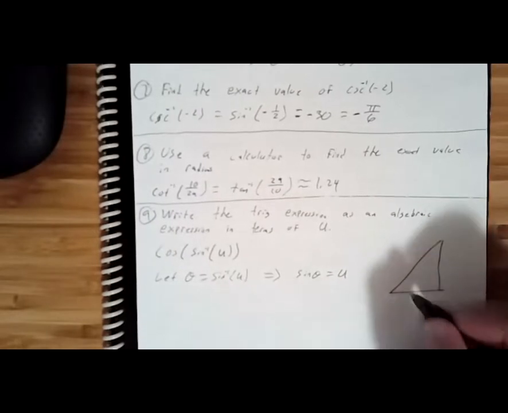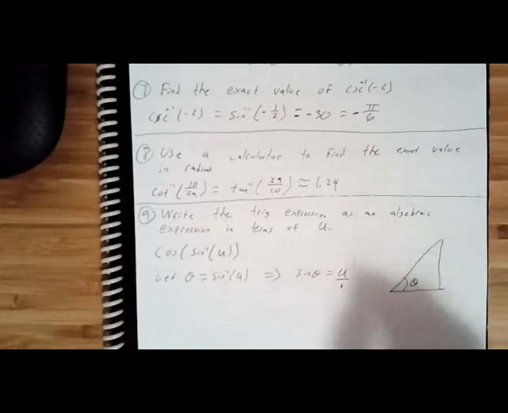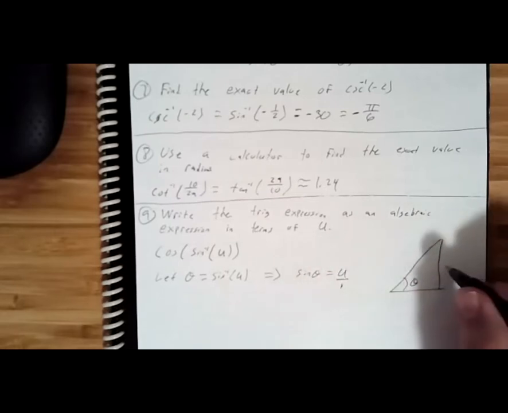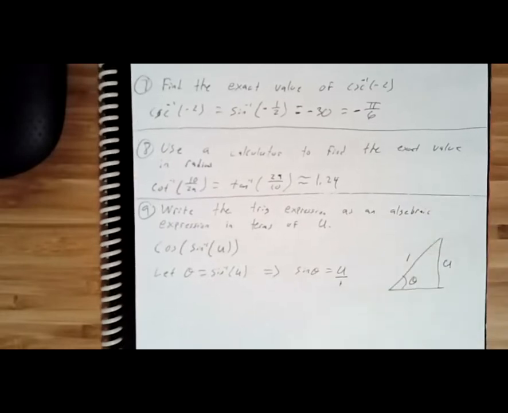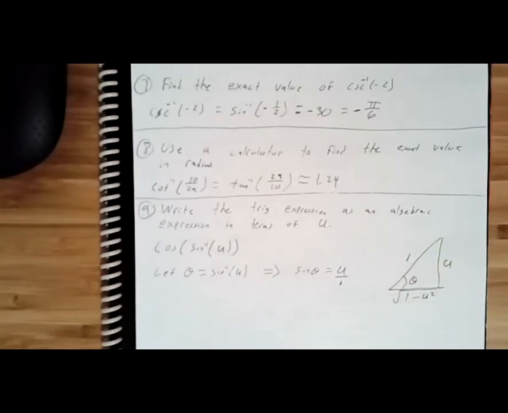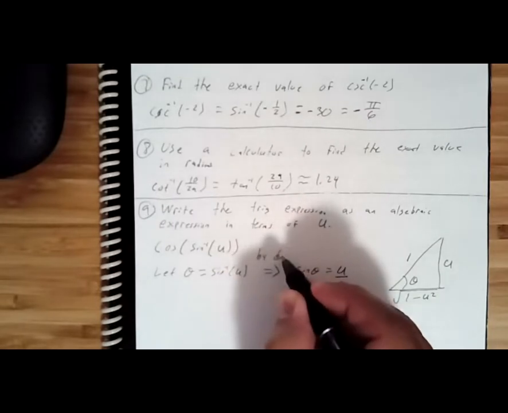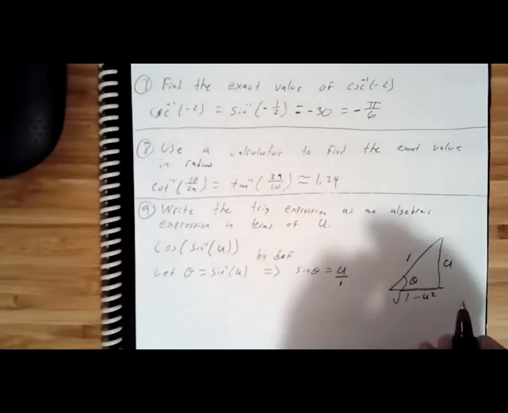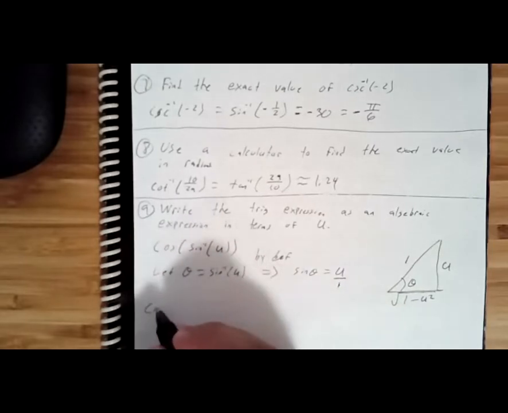Once you've done that, you can build the triangle because opposite, there's an invisible one here at all times, remember, opposite over hypotenuse. Once you do your Pythagorean theorem, this would be the square root of 1 minus U squared. So now the question is basically asking, now that I renamed this, what is cosine?